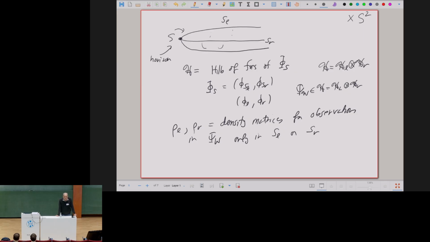For now, we're going to give a Hamiltonian interpretation of these density matrices. So we imagine observations made only on one half or another of this surface, and we want to construct the density matrix appropriate for those observations.